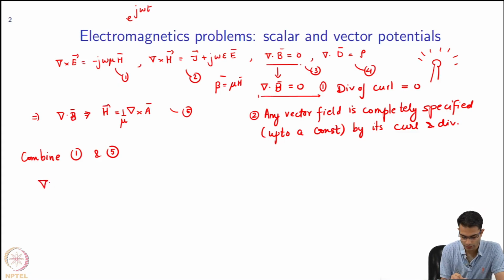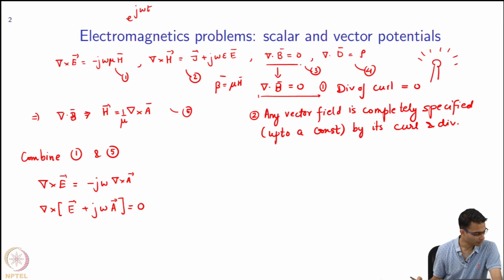So curl of E becomes equal to, what can I write? Minus j omega curl of A, which I can combine these curl operations, variables over here. So this becomes E plus j omega A is equal to 0.